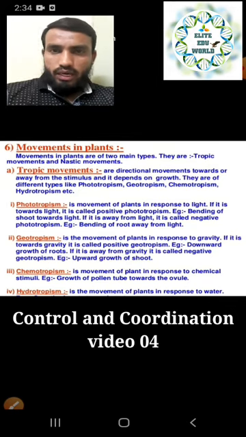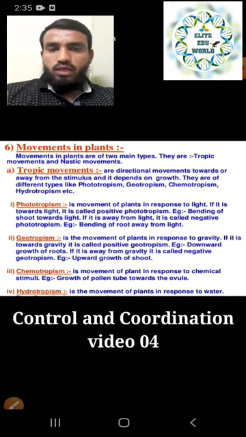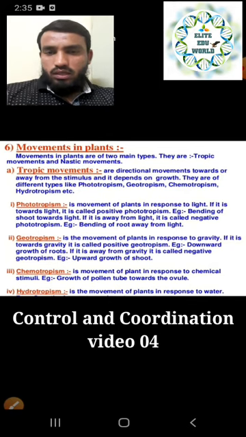Geo is related to gravity: which part of the plant is growing towards the gravity of our land, or which part is growing away from it. It depends on the growth of the plant in response to gravity, and if it is towards the gravity, it is called positive. For example, the roots growing in the downward direction are growing towards the gravitational force.